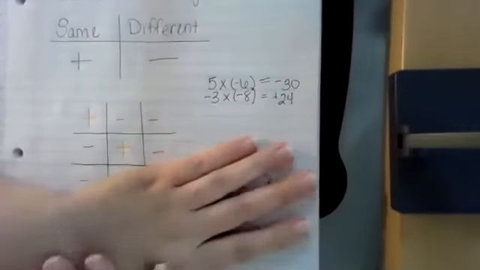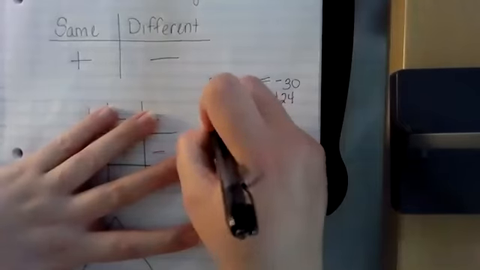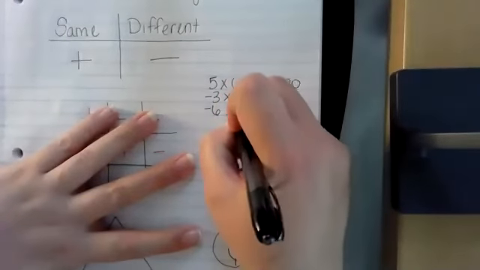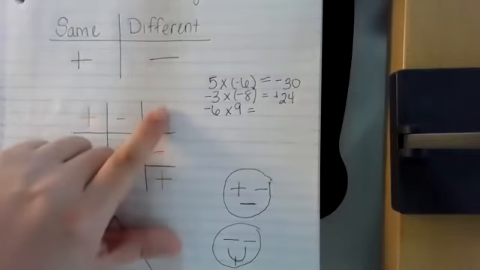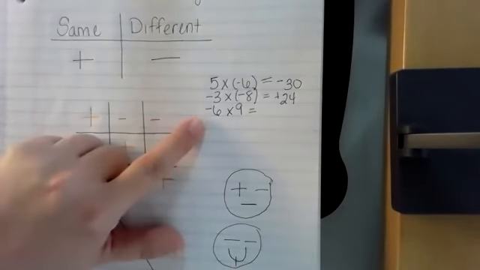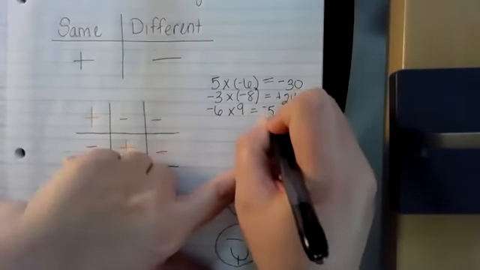Positive 24. All right, Miss Lee, someone from your room. -6 times +9. Okay, Liv, what'd you say? -54. Excellent. All right, there you go.